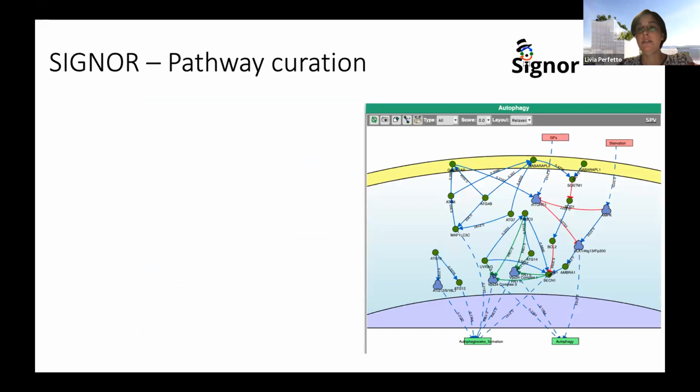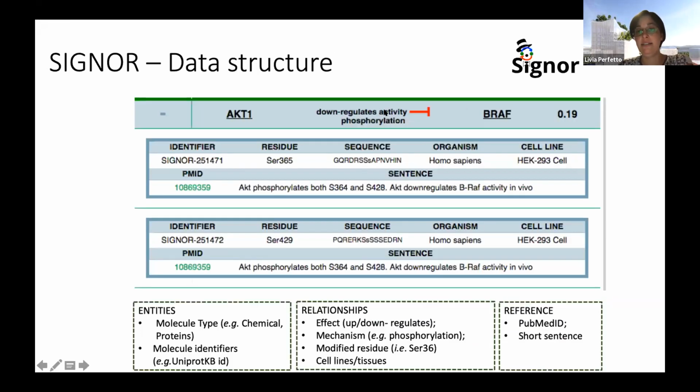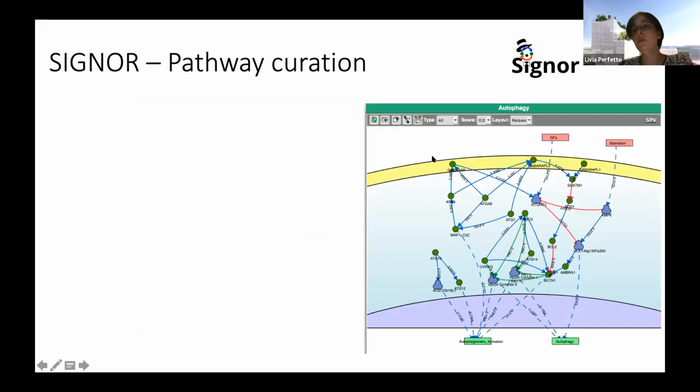In addition, every interaction in SIGNOR can be displayed in this tabular format, but also in a graph viewer. The graph viewer is organized in different compartments. We have the nucleus, which is this light purple down here. We also have the plasma membrane, and the extracellular space.